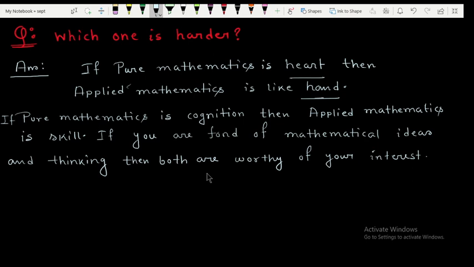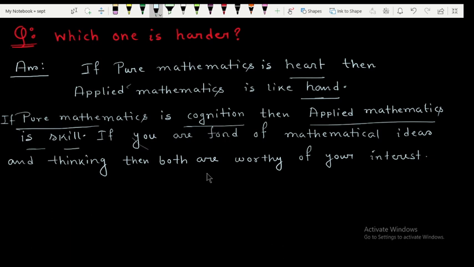That means if pure mathematics is the control unit, then applied mathematics is the skillful unit. I would rather say skillful unit. If pure mathematics is cognition, that means it is based on knowledge, then applied mathematics is skill, that means it is much more based on application.